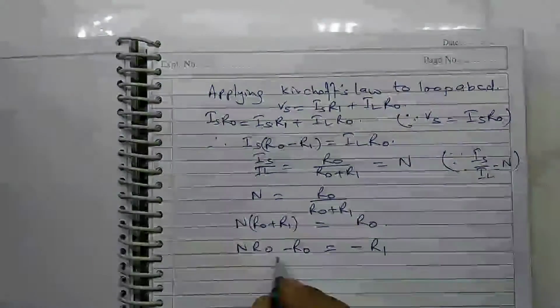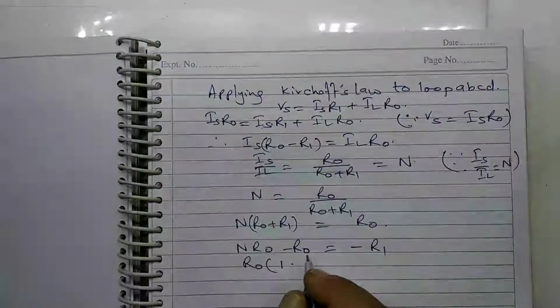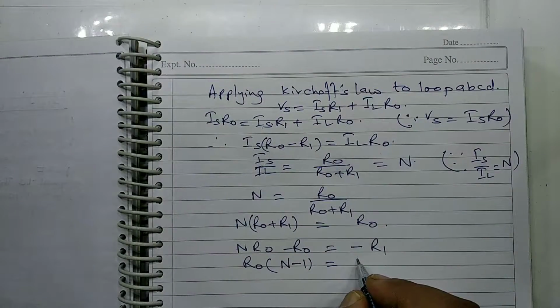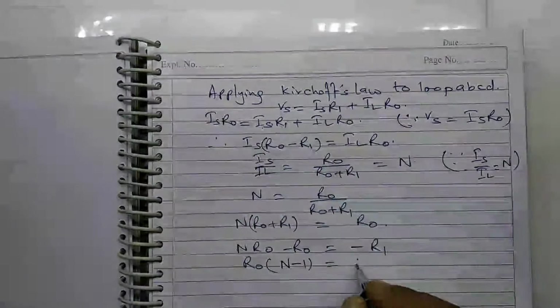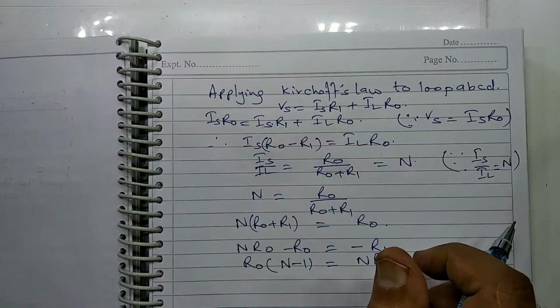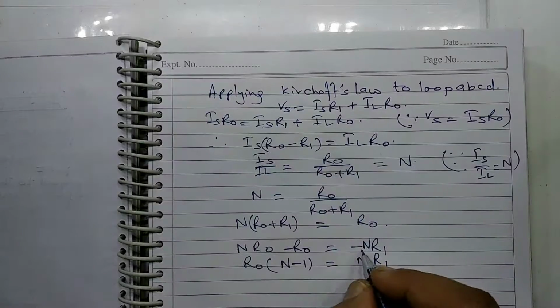So, Ro into (N minus 1) is equal to N R1.